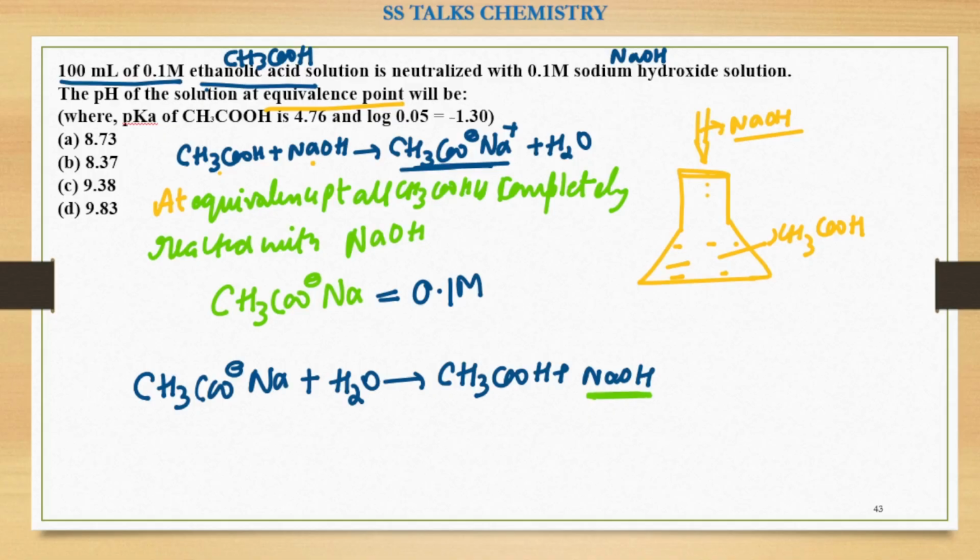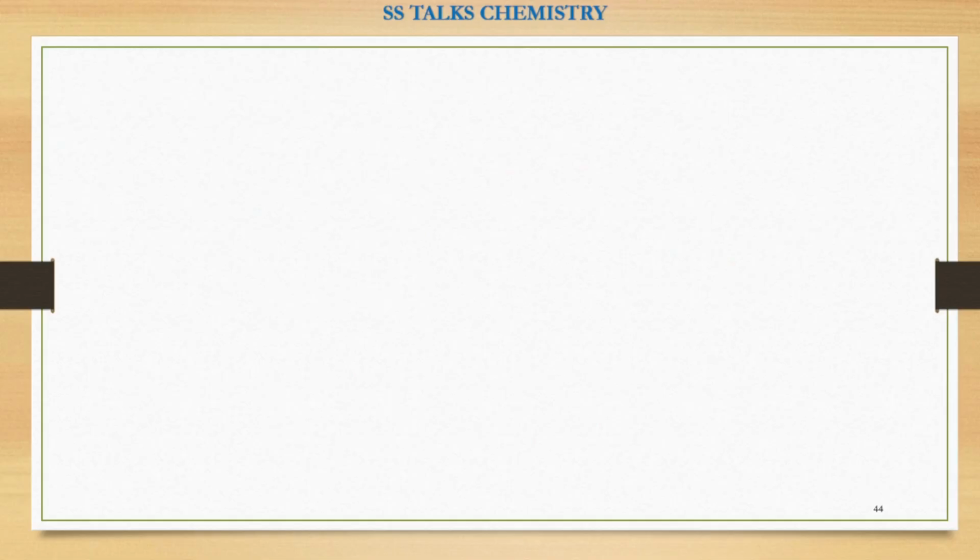Or you can say it the other way also: the NaOH added in the beaker after the equivalence point means OH negative ions will be present in my solution. So OH negative is formed in the solution.